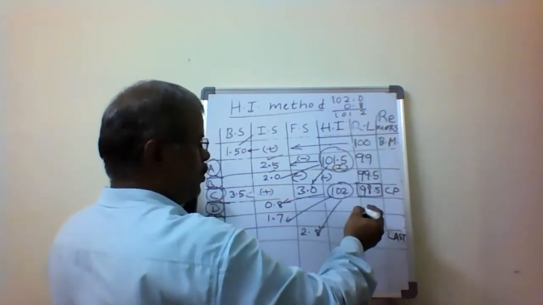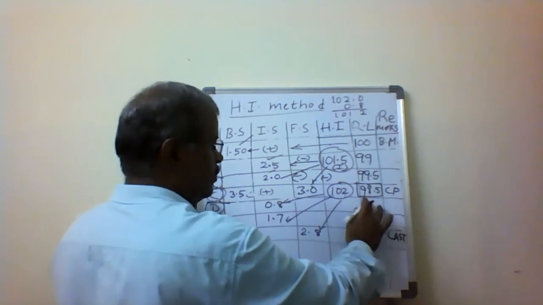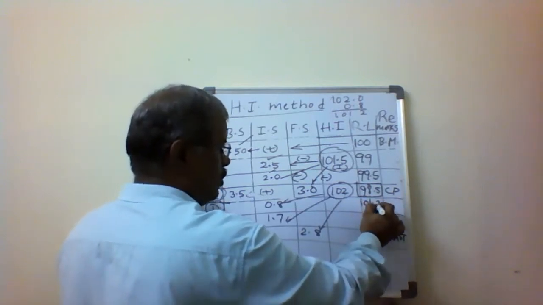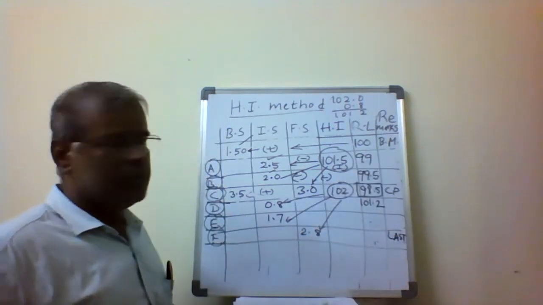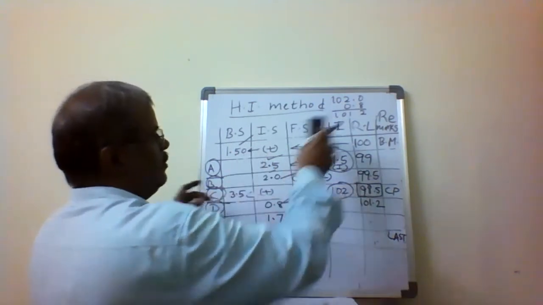So 101.2 is the elevation of D point. Next 102 minus 1.7.